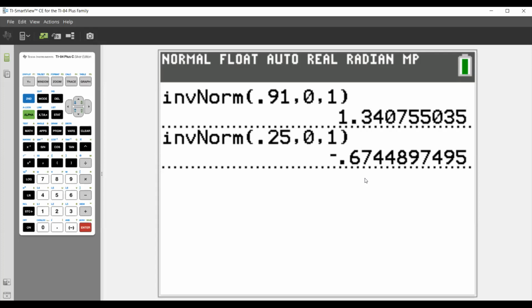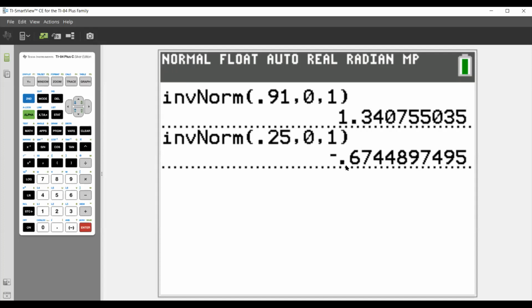What do you think? Think about symmetry. Wouldn't it be that same answer, just positive? That's it. Positive, this number. That makes sense, right?